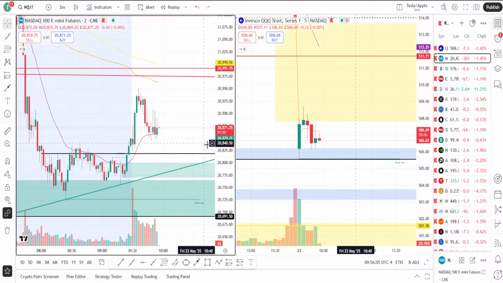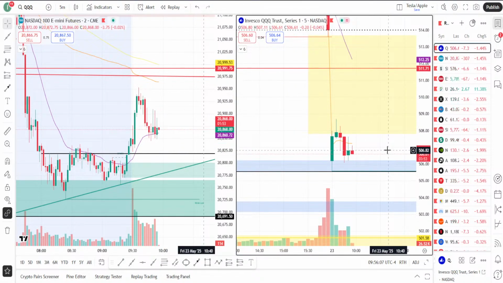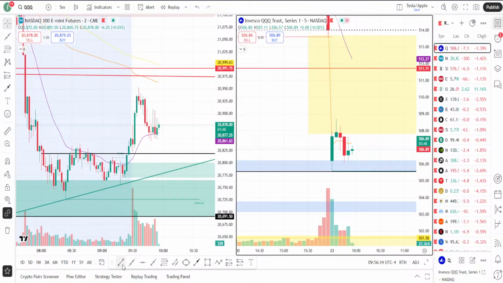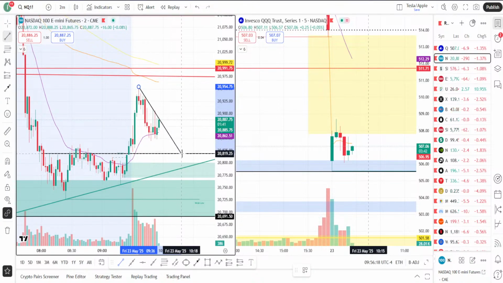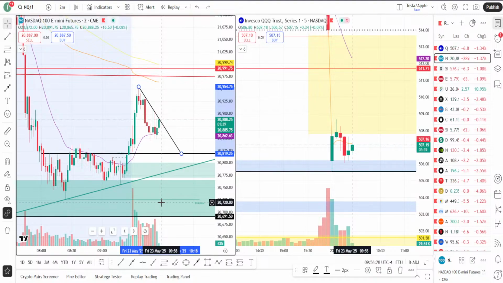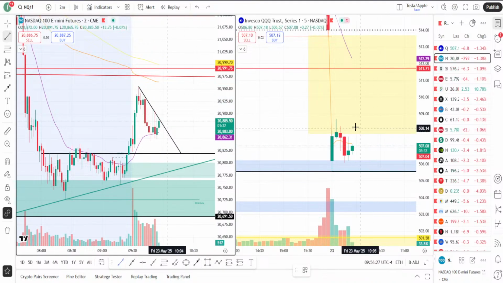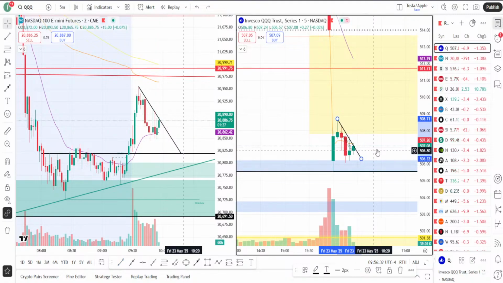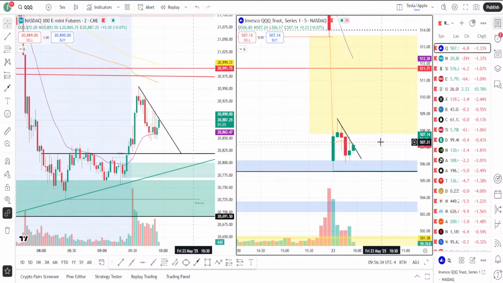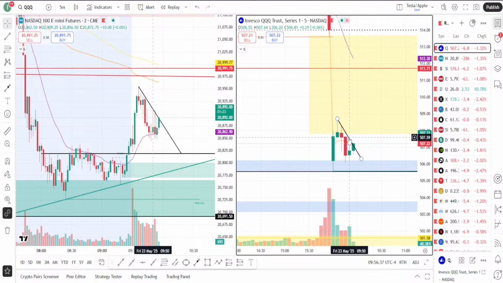Oh, maybe it doesn't go up. And we got these lower highs on these candles. We got equal highs on these two candles.